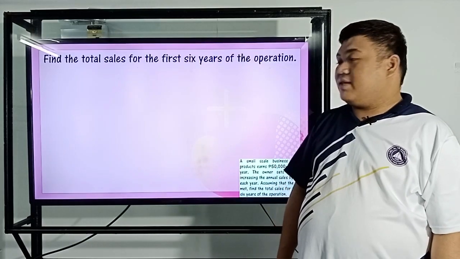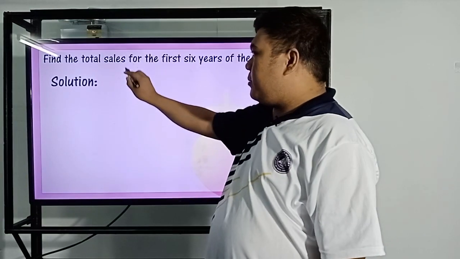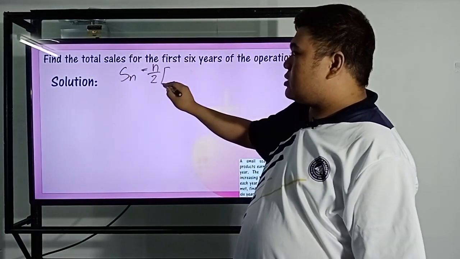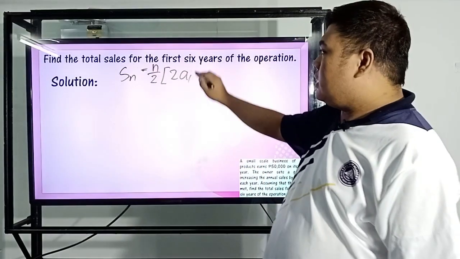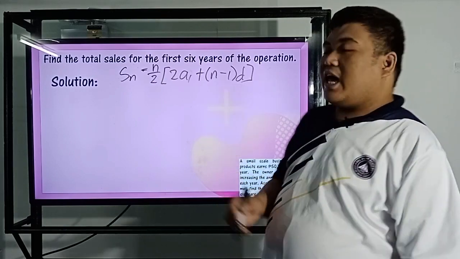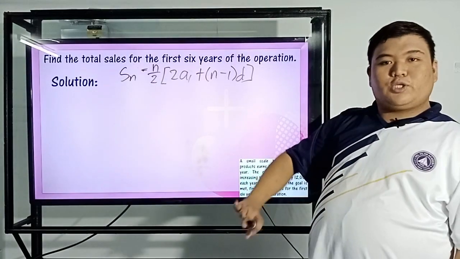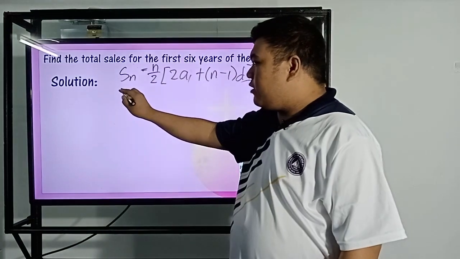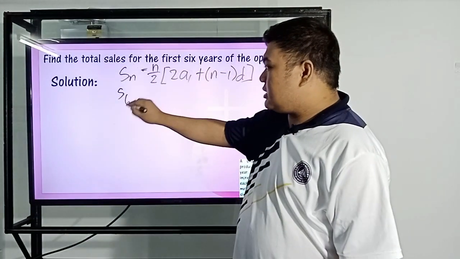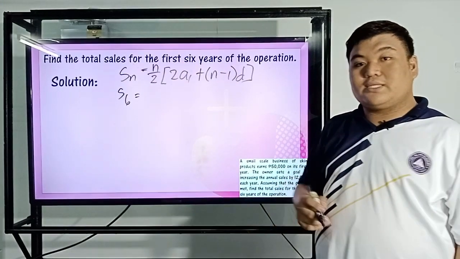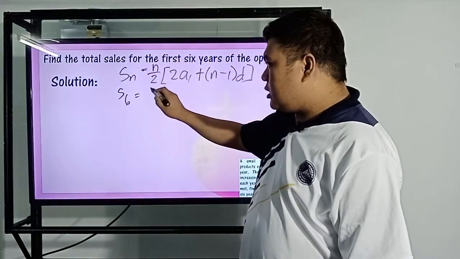So again, let's have the solution. So we have again the formula S sub n equals n over 2 times 2a sub 1 plus n minus 1 times the common difference. So substitute na lang natin yung mga find at yung given kanina. So we are looking for S sub 6 kasi sum of the first 6 years. Yung total sales daw ng first 6 years of operation.